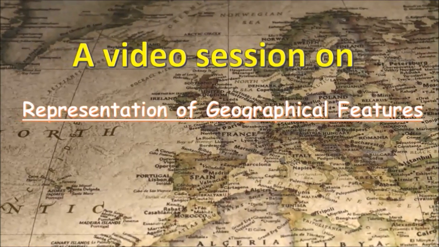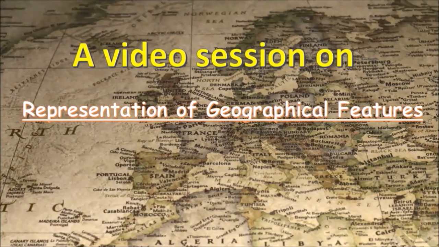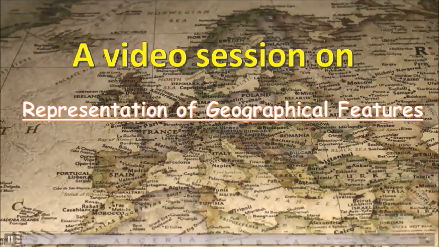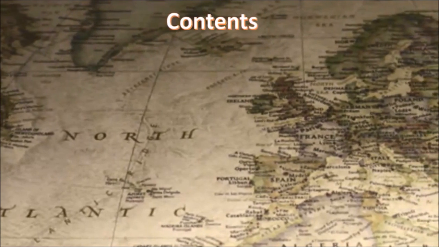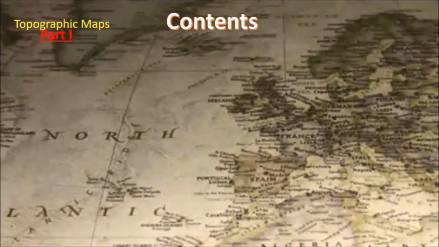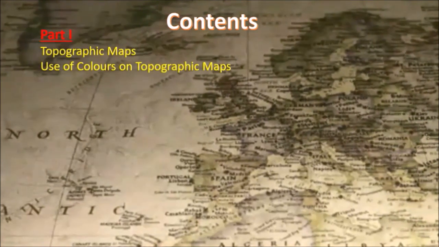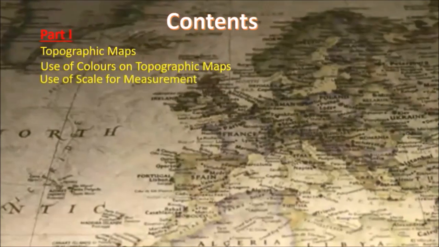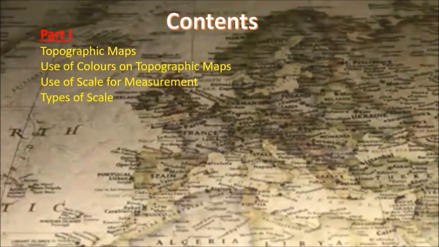Today we are going to have a video session on representation of geographical features. This video session consists of two parts. The first part consists of topographic maps, use of colors on topographic maps, use of scale for measurement, types of scale.